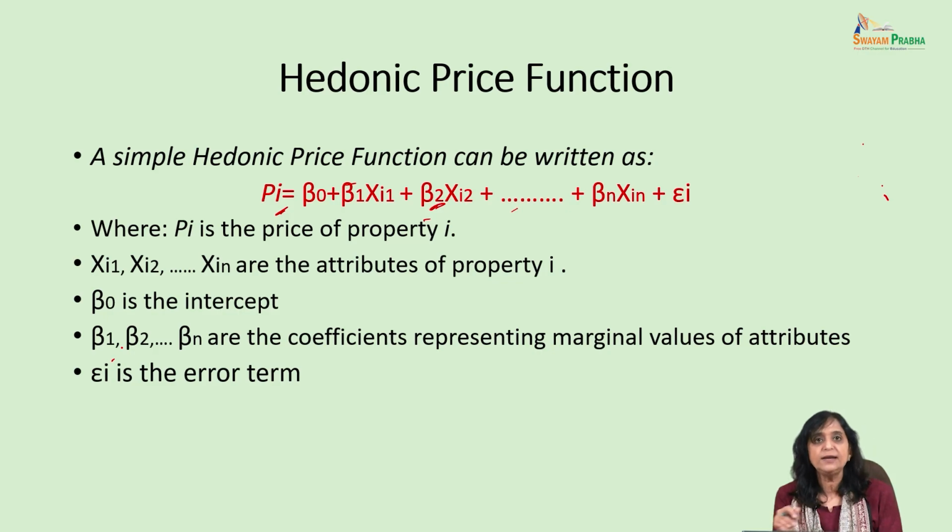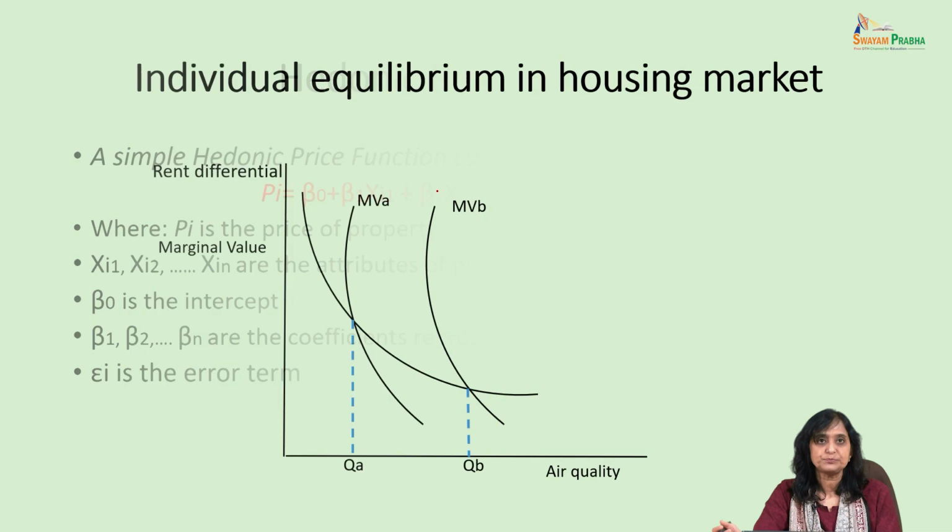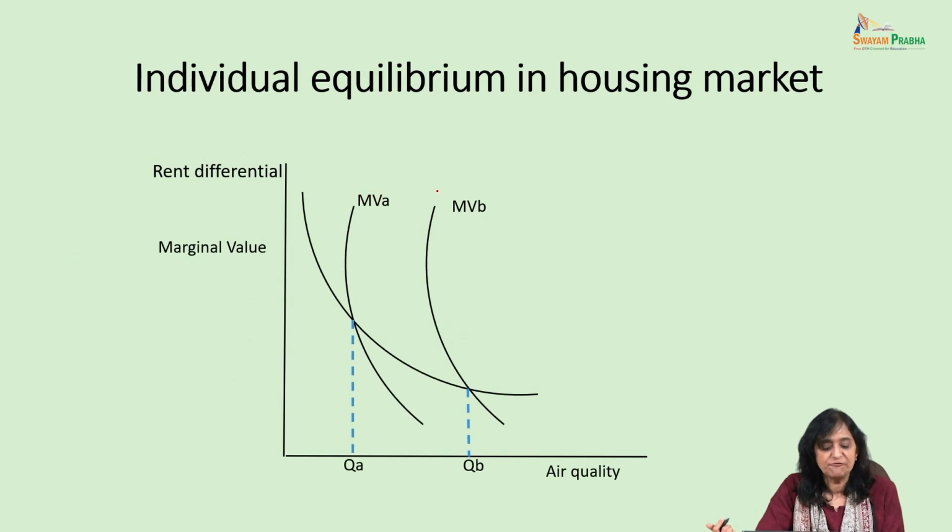If there are n attributes of the property, you will have beta 1, beta 2, beta 3 till beta n. These are also called the implicit function or the rent differentials, because the change in the rent or price of the property is there because of a change in one particular attribute. Now, I have just given this graph for your purpose.